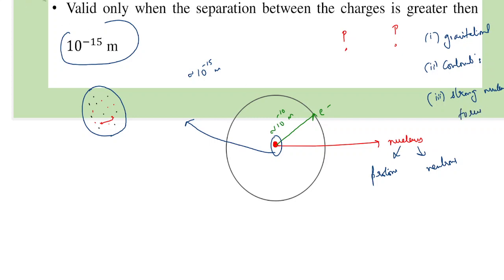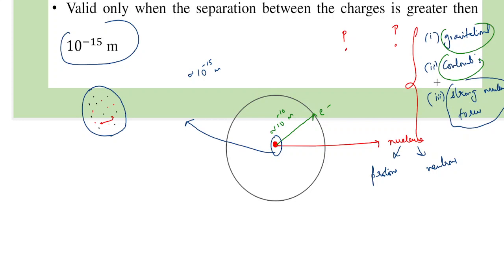Now, simultaneously between these two particles all these three forces act, but out of these three forces, for a given distance, the strong nuclear force is the strongest force. Which means that even though gravitational force and Coulomb's force also act, their strength is negligible.